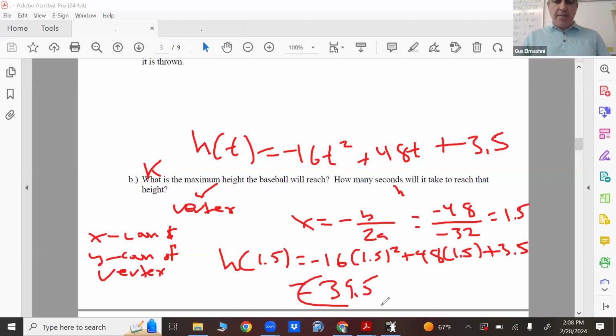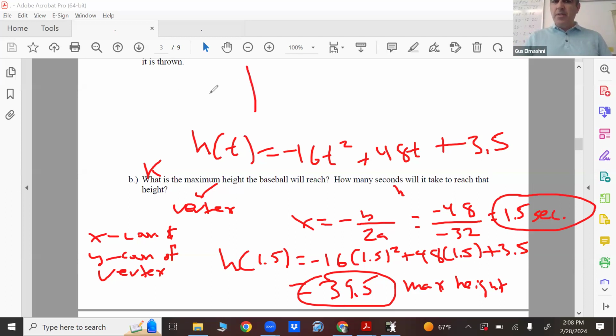So that's the max height. And it takes 1.5 seconds. Does that make sense, right? Because just draw a diagram if it helps, right? It starts at 3.5.